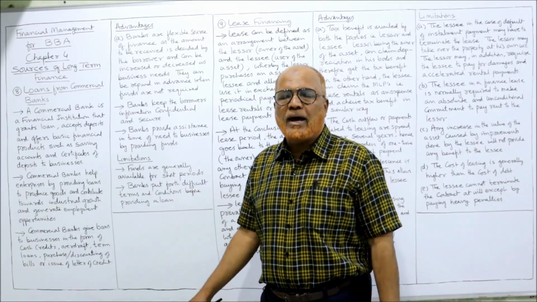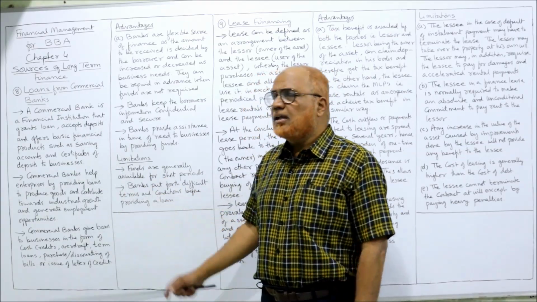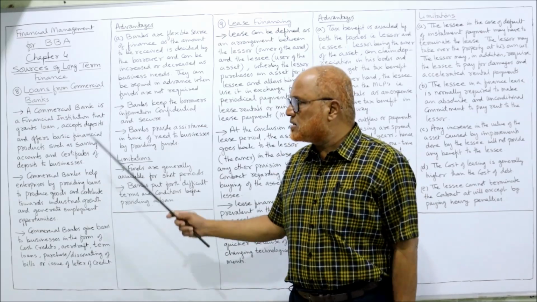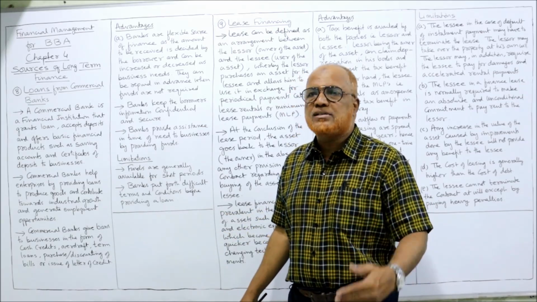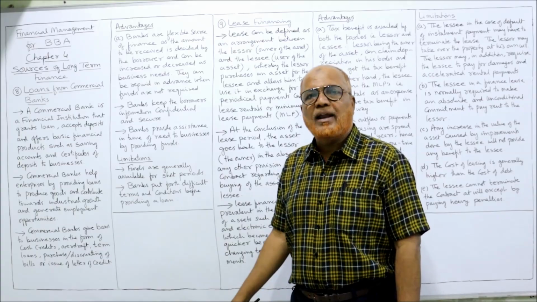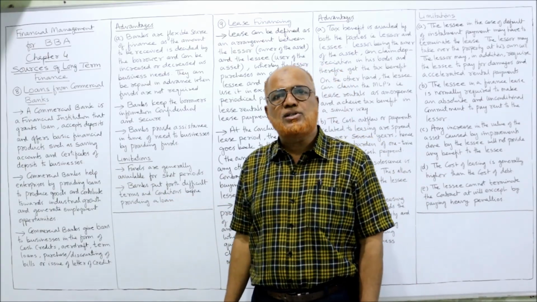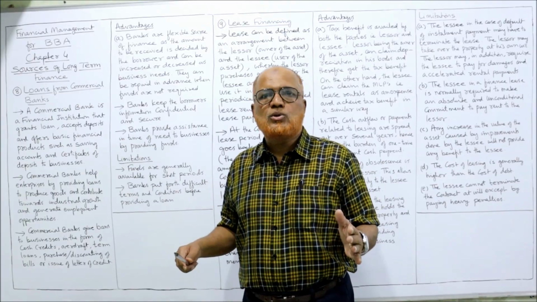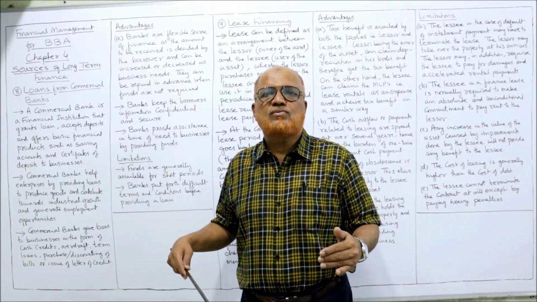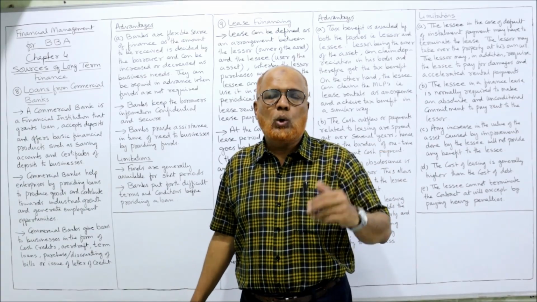So what is a commercial bank? It's a financial institution that grants loans, accepts deposits and offers a number of basic financial products such as savings accounts and certificates of deposit, etc. So it's a financial institution which accepts deposits from the people and grants loans.